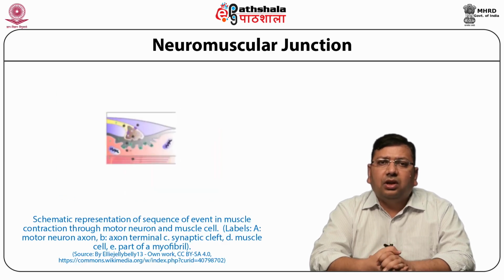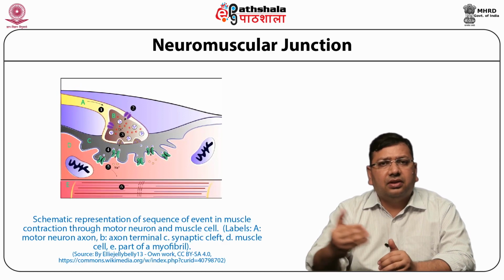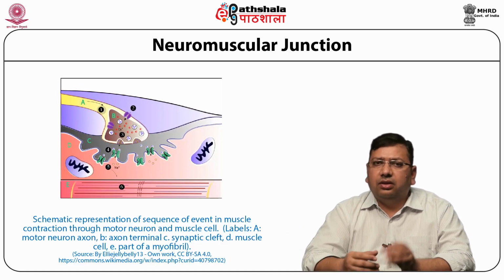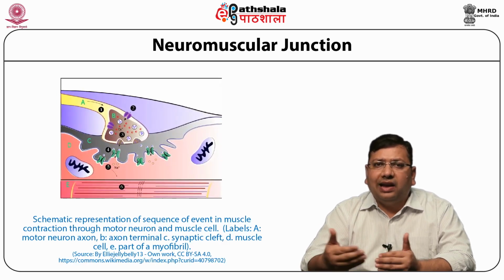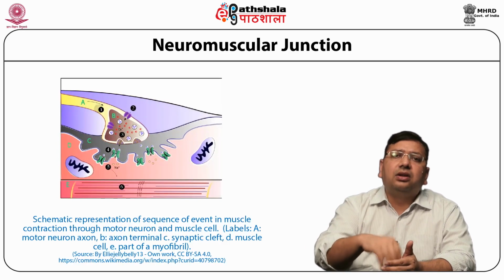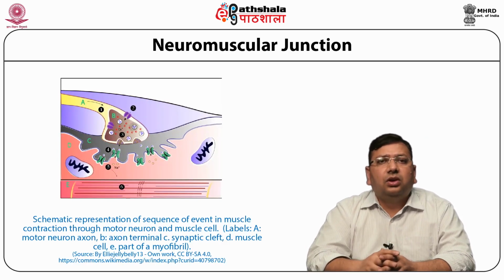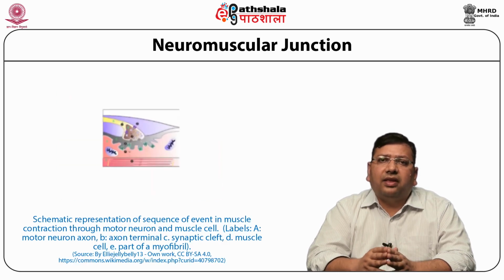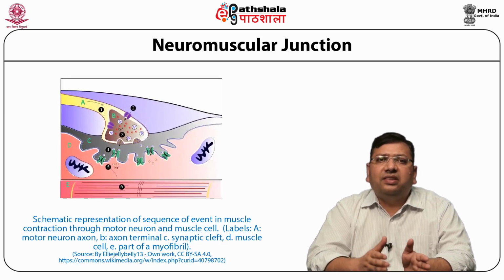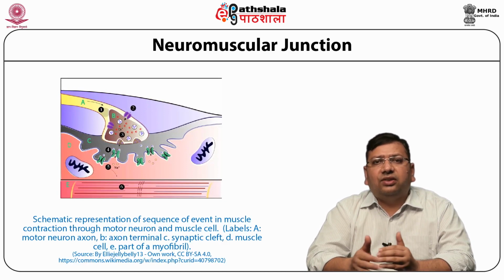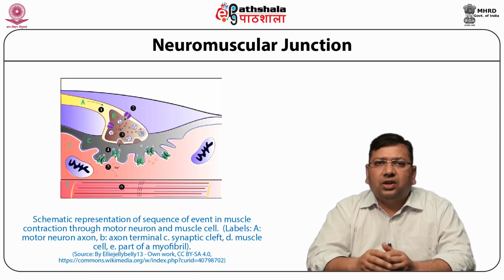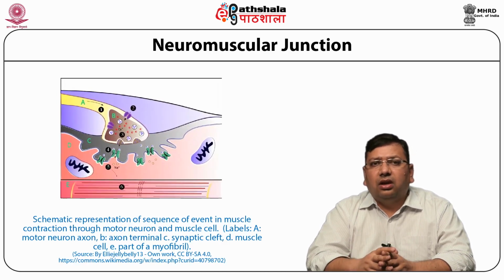Number 1, the action potential reaches the axon terminal. Then number 2, voltage dependent calcium gates open, which allows calcium to enter the axon terminal. Third, neurotransmitter vesicles fuse with the presynaptic membrane and acetylcholine is released into the synaptic cleft via exocytosis.